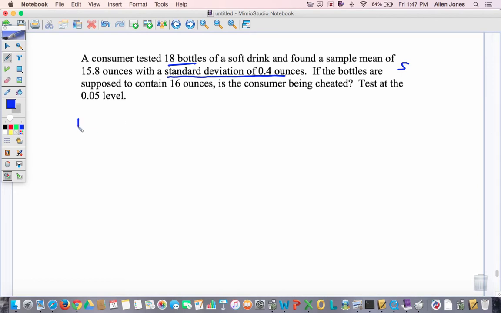Test at the 0.05 level. So in step number 1, we will write our two hypotheses based on the fact they're supposed to contain 16 ounces. If they're being cheated, I assume we would all agree that means they're getting less than 16 ounces, so the null is greater than or equal to, and we're going to test if they're being cheated, so our claim is our alternative.